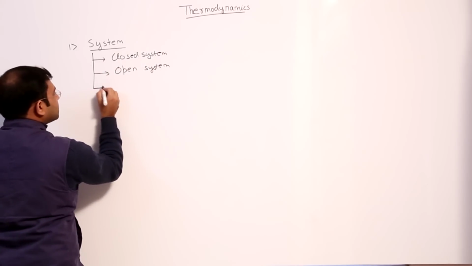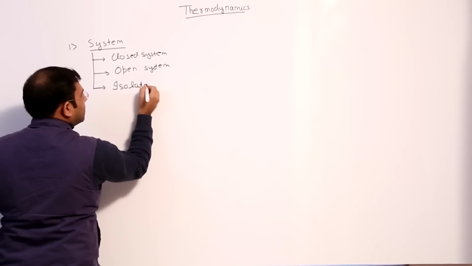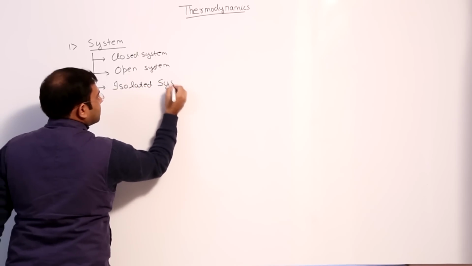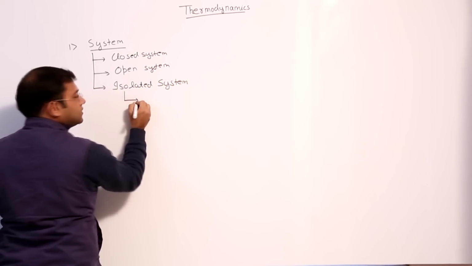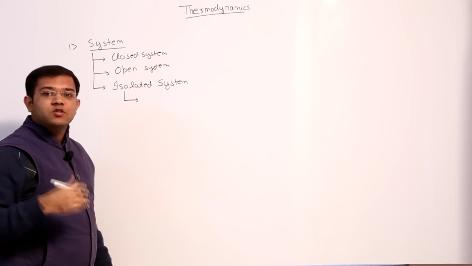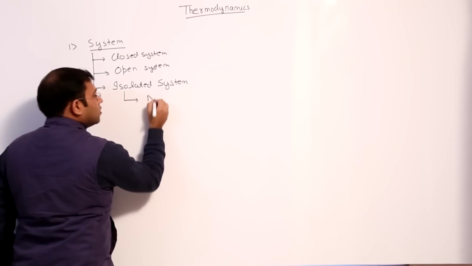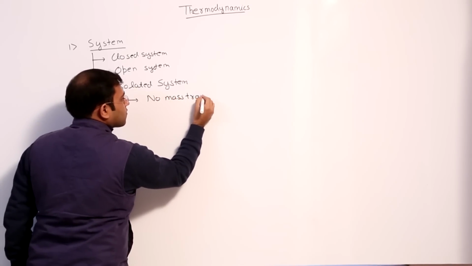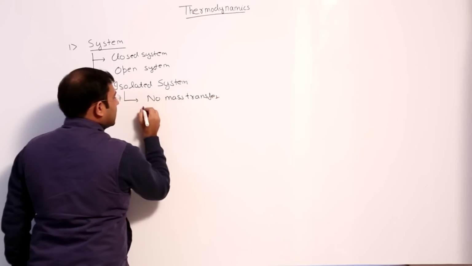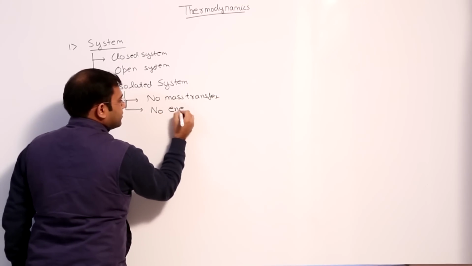Now the third kind of system is that of isolated system. Isolated system means we are isolating our system from its surroundings, so there is no mass transfer, neither is there energy transfer.